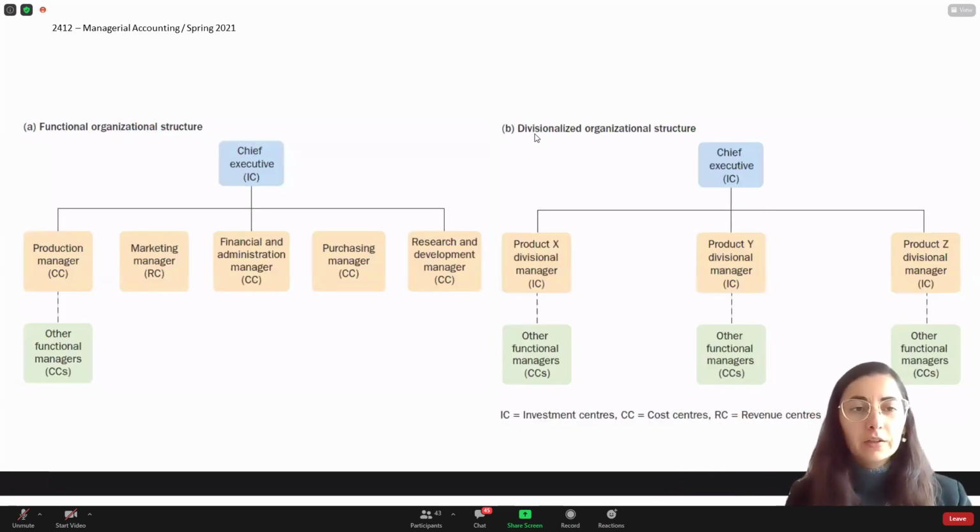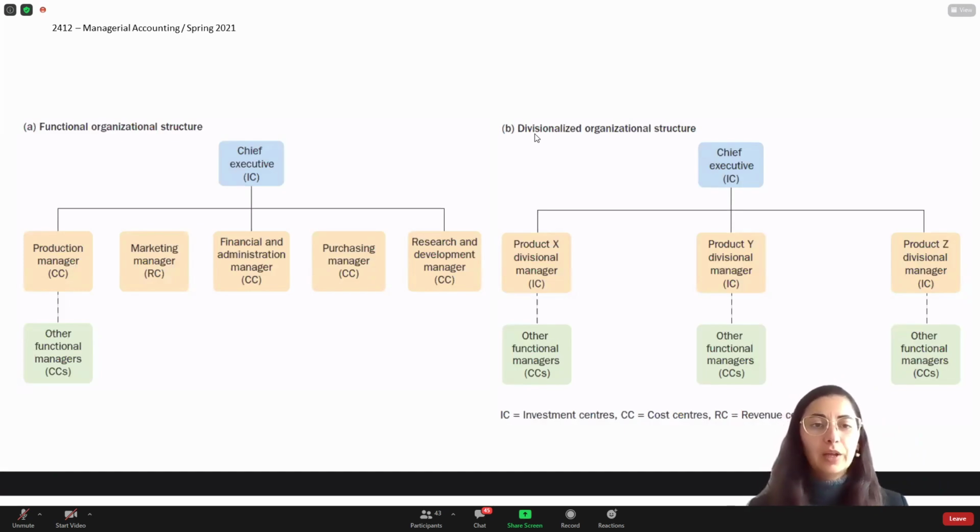So here we have the functional organizational structure. We have the CEO with an investment center, and below that we have, for example, the production manager as a cost center and the marketing manager as a revenue center. So we have some examples there, and below these we have other functional managers.